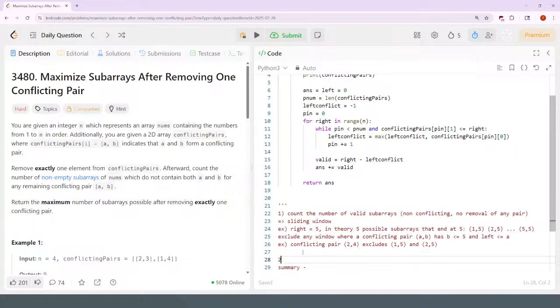So secondly is track, I guess, like track kind of top 2 conflicts, i.e.